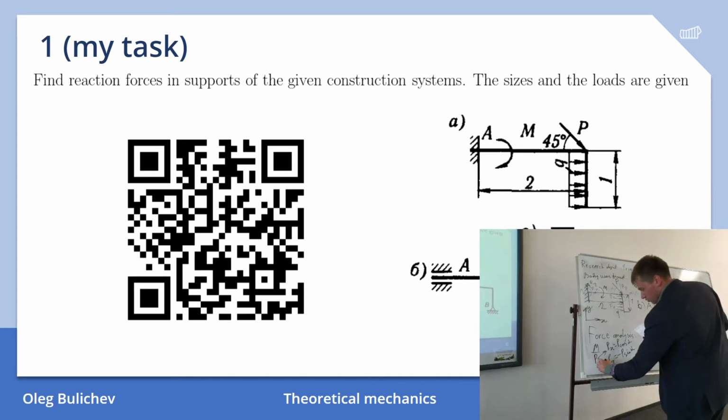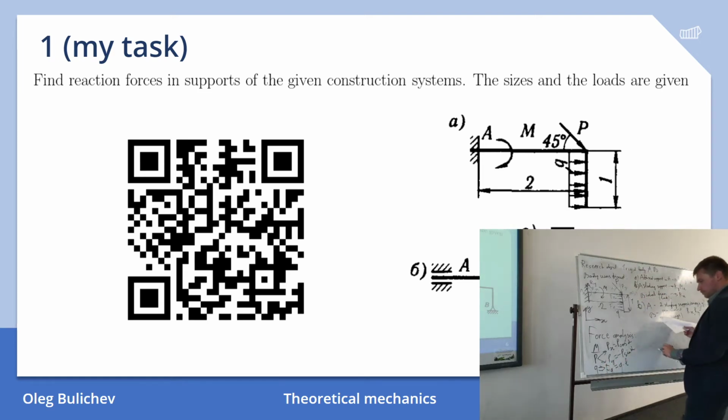We should write Q. Q equal to F. We can make it Fq equal to Ql. Also, we need to write Rx, Ry, MA. We don't know. After this, we need to write the solution.